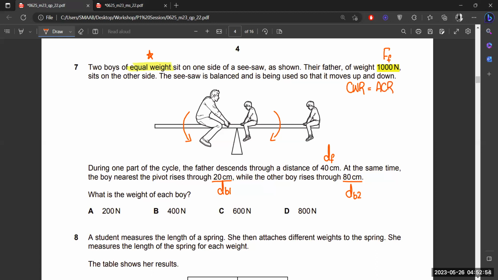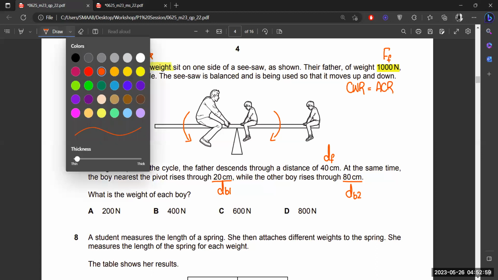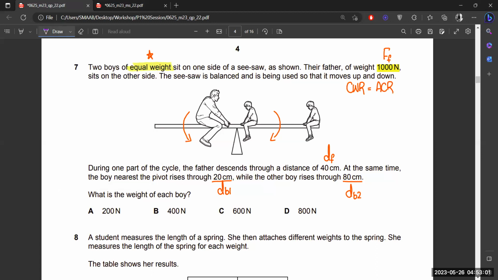So according to that situation, if we consider the rotation from the father side, we know the values, or we just simply write it as F or B. So that will be more easy because clockwise rotation we are getting from the side of the boys, and anti-clockwise rotation we are getting from the father.